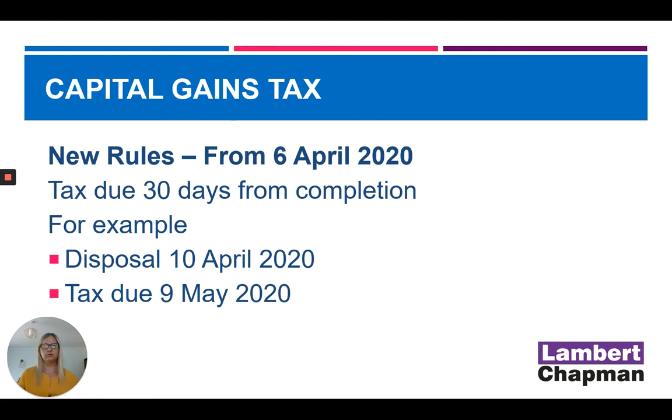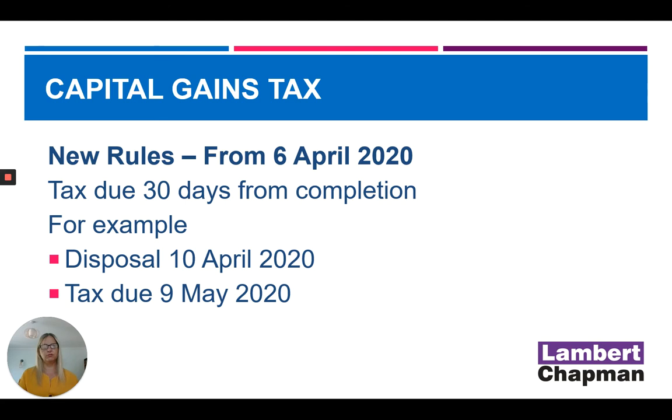Under the new rules, the gain arising on the disposal of a residential property must be reported to HMRC within 30 days of completion, and the tax paid at the same time. Let's first look at the example and compare to the previous slide. Your property was sold on 10th of April 2020 and a gain arose.